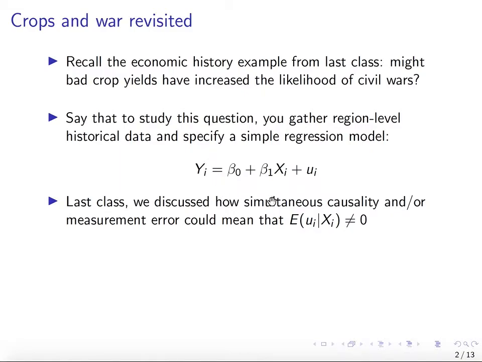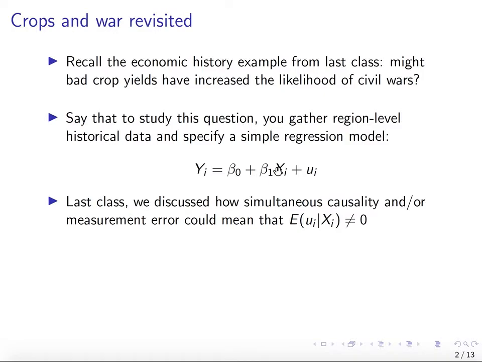Specifically, we mentioned that simultaneous causality may be an issue here. Remember, we said, well, maybe crop yields have a positive impact on the likelihood of civil war. So it's positive in the sense that as crop yields go down, it's going to make civil war more likely.